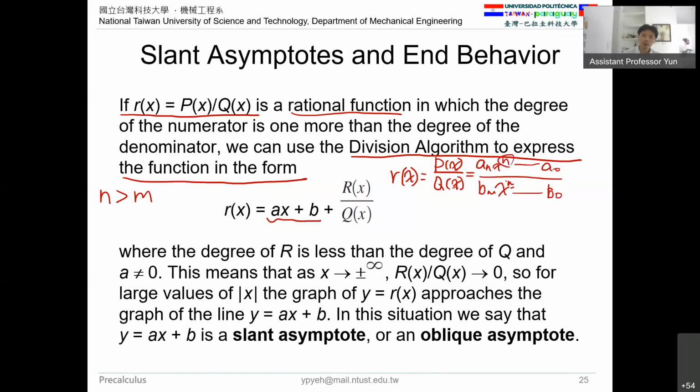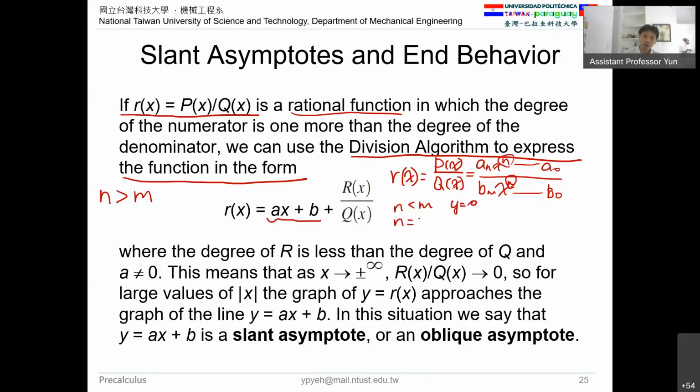If you still remember, here is a certain degree m. When n is smaller than m, the degree of the numerator is less than the degree of the denominator, so the horizontal asymptote is y equal to 0.